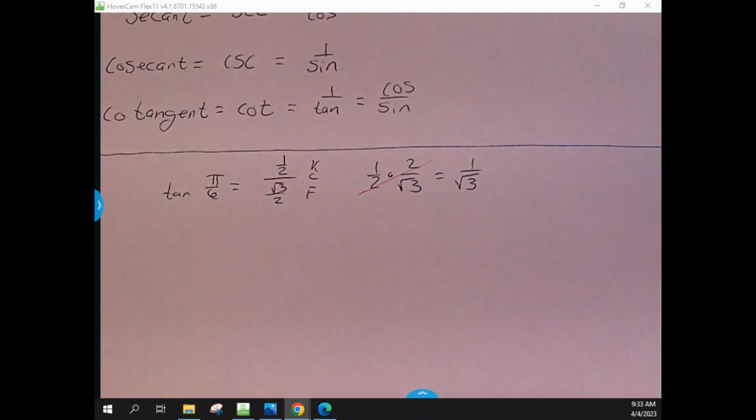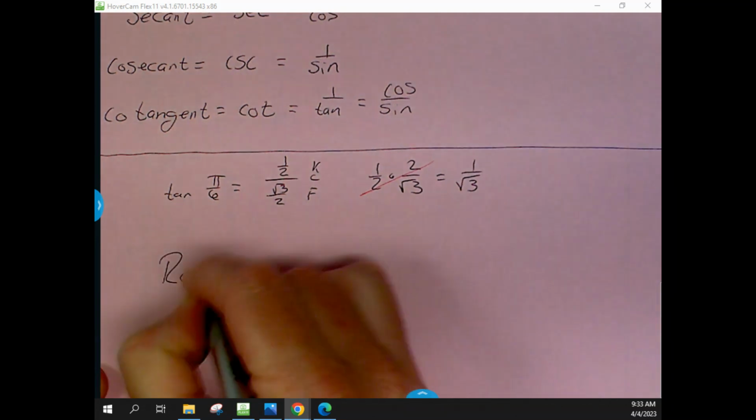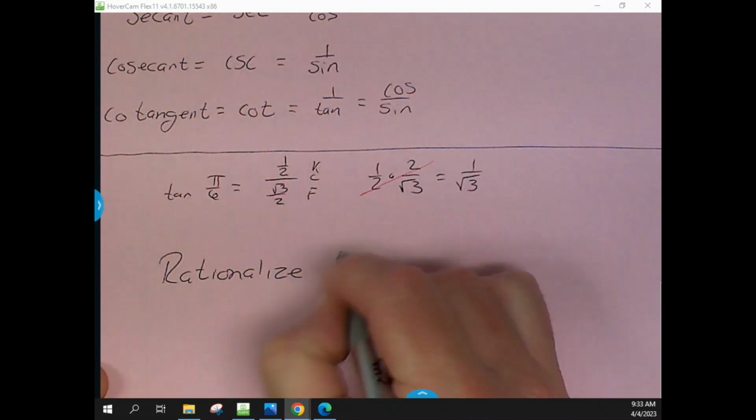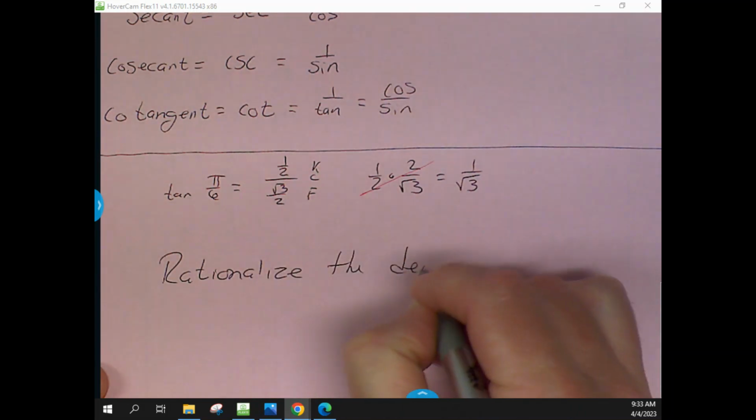Okay, now that is possible, but here it is. The math snobs, as they are, say, well, it's improper if you leave the square root in the bottom, in the denominator. Yes, the math snobs do. So the math snobs say that if you have a square root in the denominator, you must rationalize the denominator.